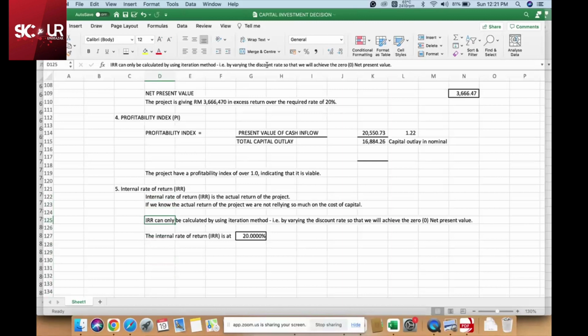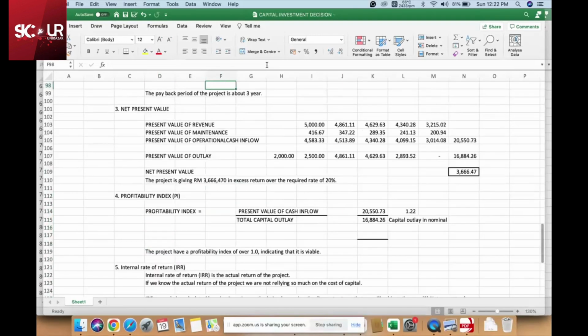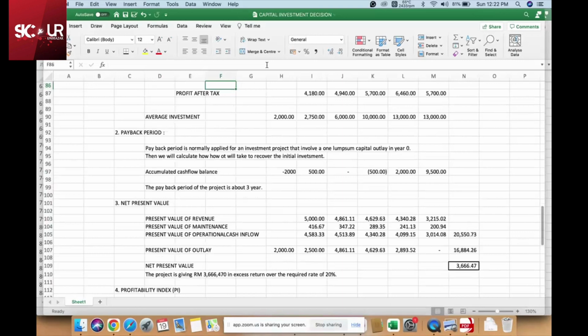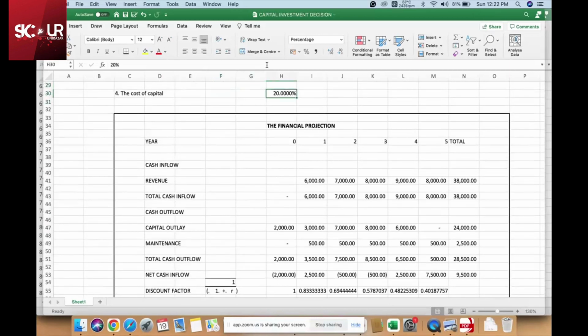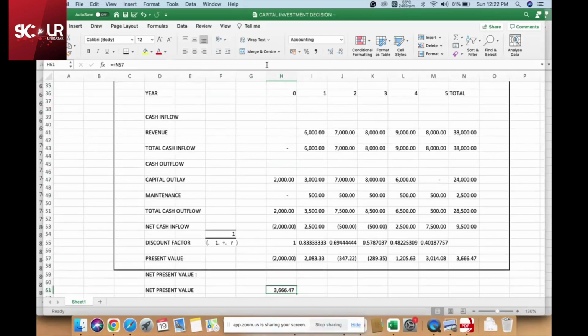This is the process of iteration. We will keep changing the rate here, the cost of capital in our assumption, until we get the net present value of zero. And the net present value right now is 3.66 million.